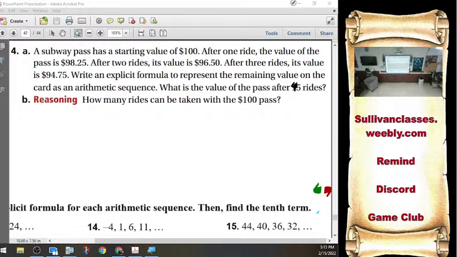So if it's decreasing by 1.75, would it be negative? Or, I don't know. Yes. Okay. Listen to Sailor. Sailor is wise. That rate went down every time. So the common difference is negative because it's going down.